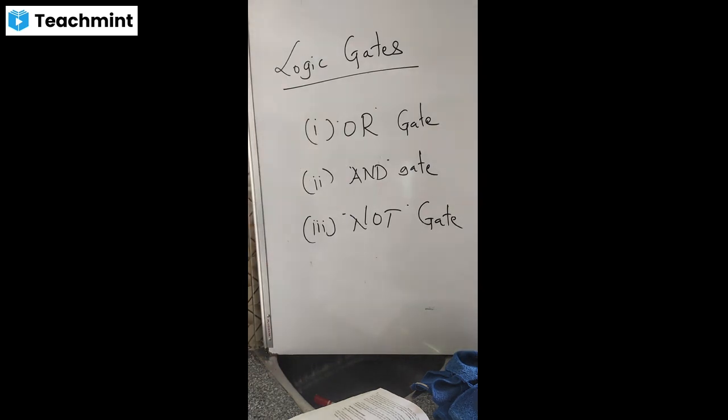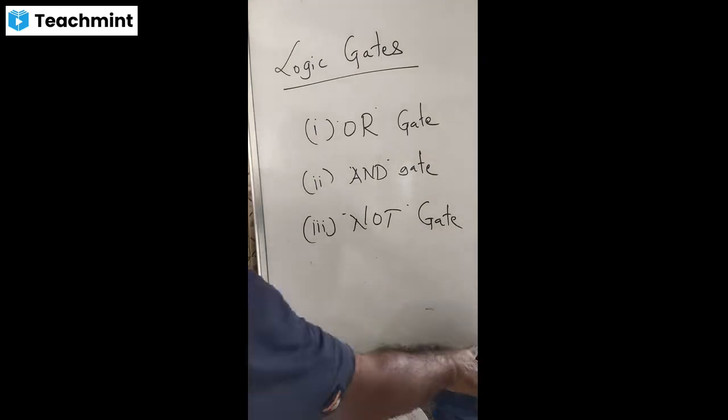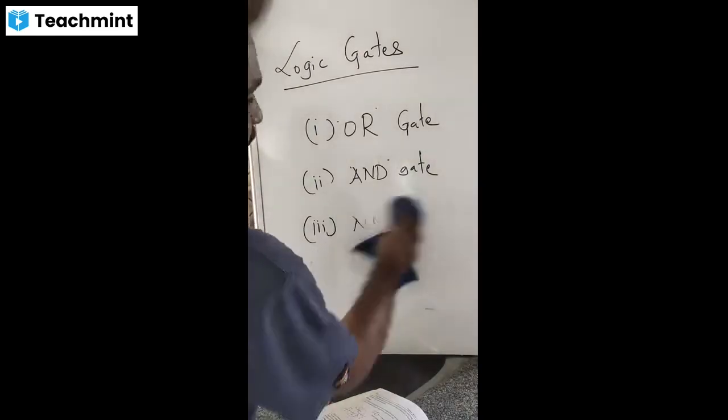You will come to see when we go further. When we study one by one, you will see how these functions work. First, let us go into detail. Now let us study the OR gate.